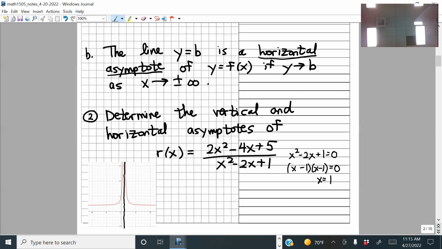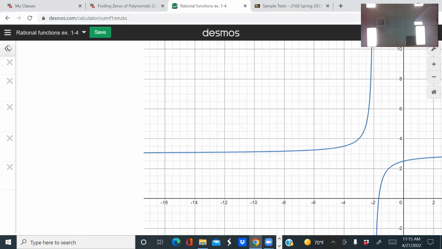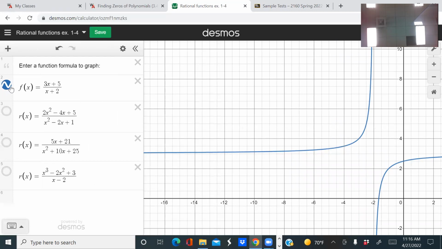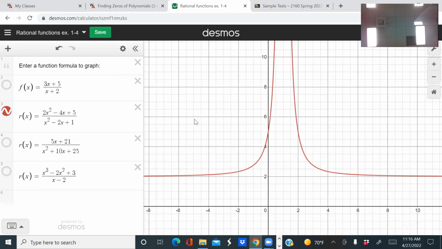We'll look at the graph on Desmos in a moment and confirm that. Now, what I don't know, however, is if there are any horizontal asymptotes. So we're just going to have to look at the graph and hope for the best. All right, let's look at that graph. There it is. Let me pull it over.